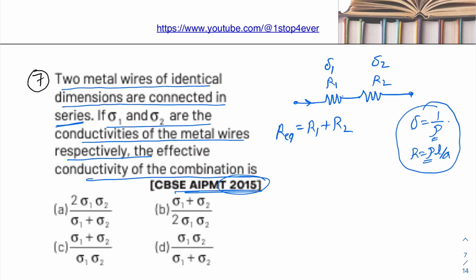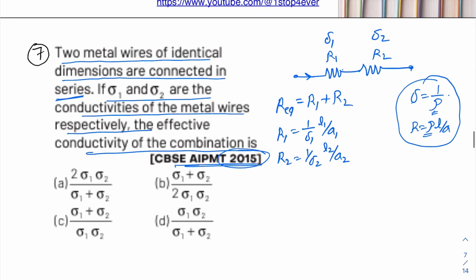No. So from here, R1 will be 1 by conductivity sigma 1 into L1 by A1. What will be R2? 1 by sigma 2 into L2 by A2. Length and area are not mentioned, so we write L1, A1, L2 and A2. Now we will find R equivalent, that will be R1 plus R2.